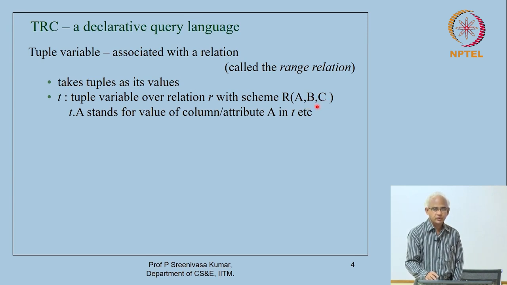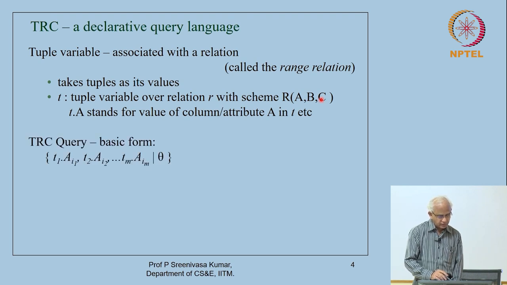Instead of having variables for individual values of A, B, C, now we have a variable for the entire tuple, and in order to refer to the individual components, we use the dot notation. That is the concept of tuple variable.